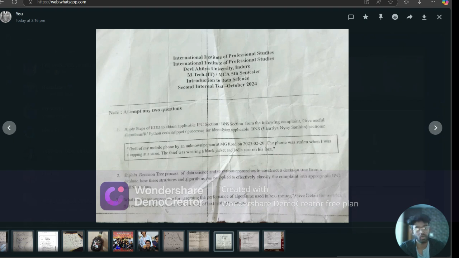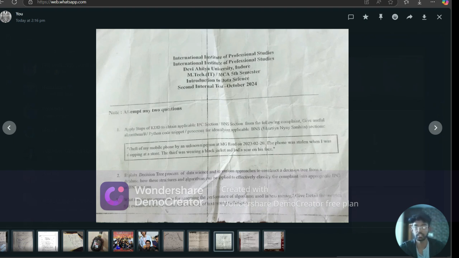Now, applying a decision tree to classify complaints into IPC or BNS sections. First, feature engineering. Extract relevant features from the complaint text such as keywords, phrases, and sentiment analysis. Second, data processing. Pre-process the data by handling missing values, encoding categorical values, and scaling numerical values. Third, decision tree construction.